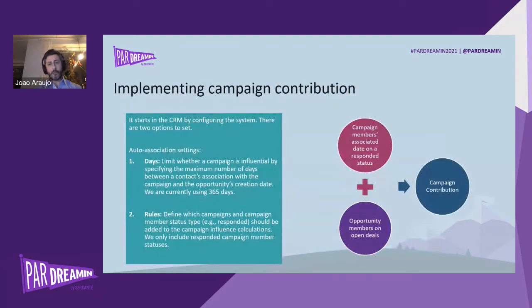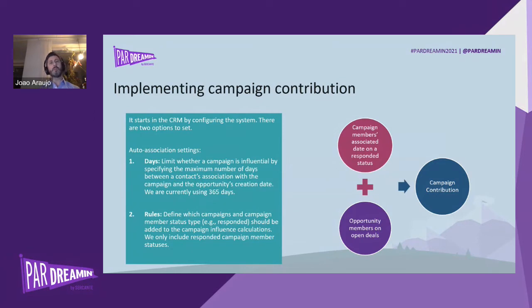Implementing campaign contribution starts with setting up the CRM. This is not the easiest part to set up, so I recommend that you do it with your CRM admin. There are some auto-association settings that you need to look into. One is the number of days that you're using. You should adjust it based on your sales cycle. We currently use 365 days.